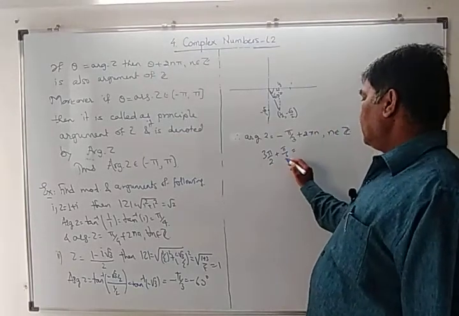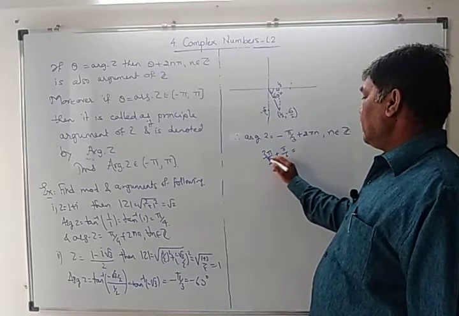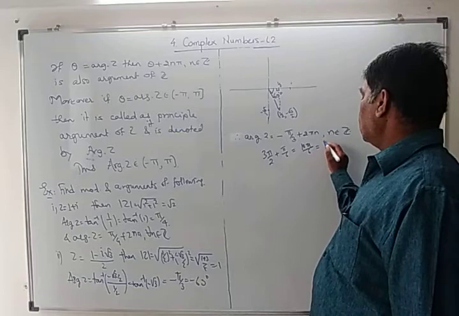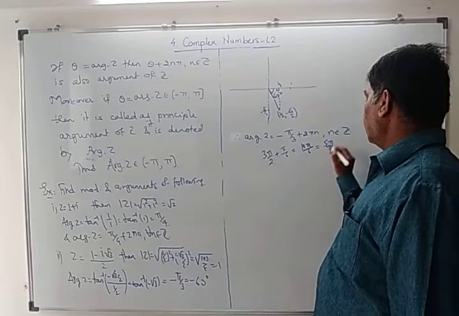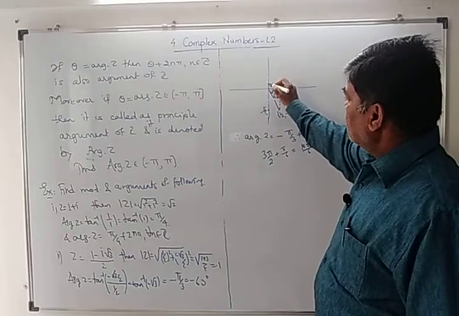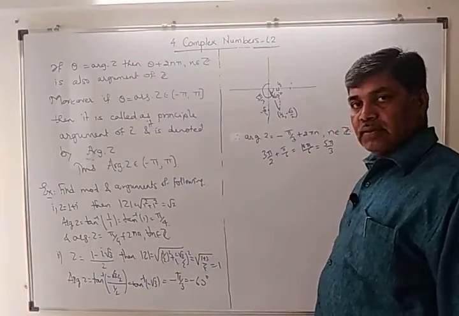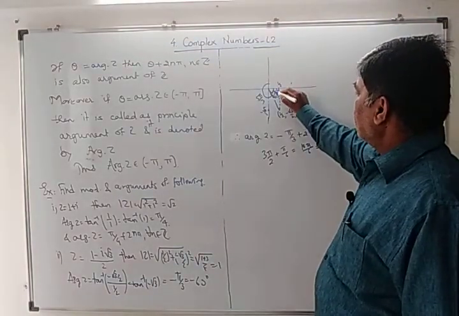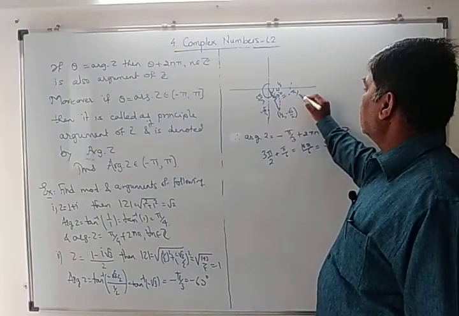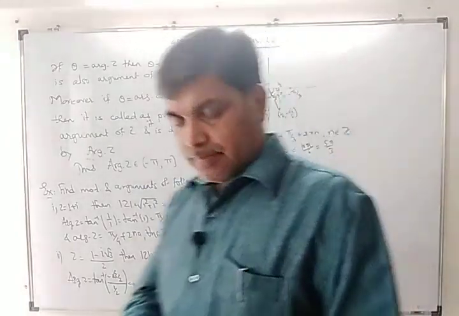So multiplying by 3, 9 plus 1, 10 pi by 6, which is nothing but 5 pi by 3. So if I count in this way, it is 5 pi by 3, and in this way, it is minus pi by 3. Is it clear?